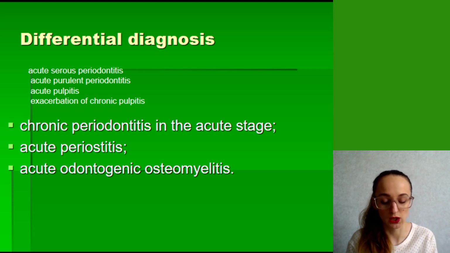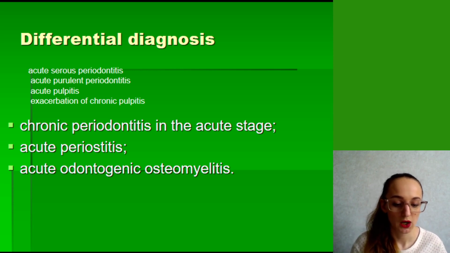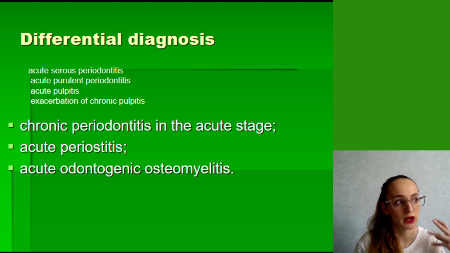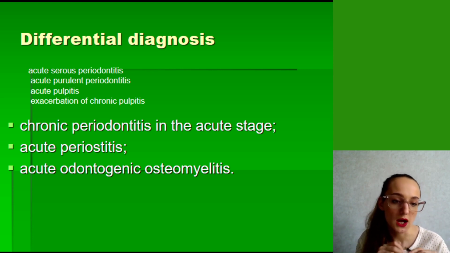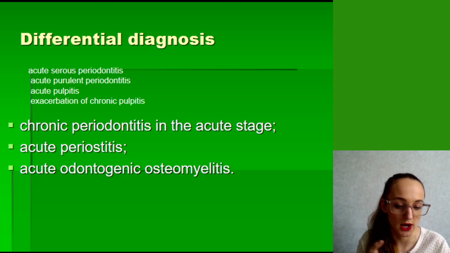So, we know different types of pulp therapy. In deciduous teeth, we have four methods: indirect pulp capping, direct pulp capping, pulpotomy, and pulpectomy.